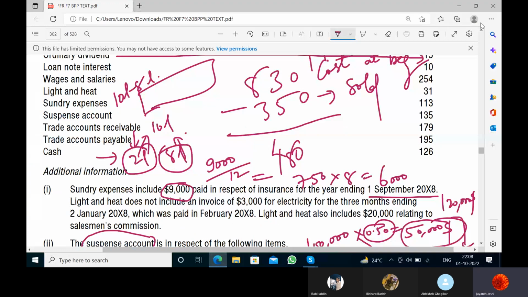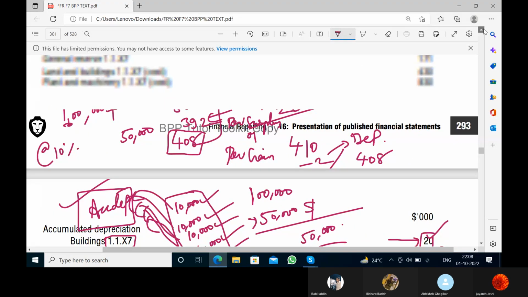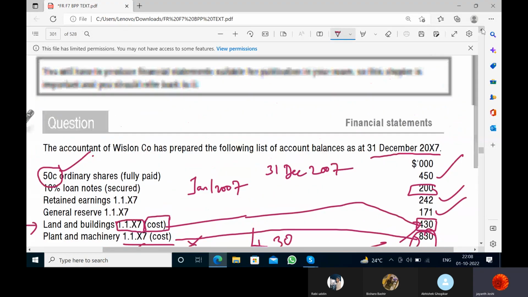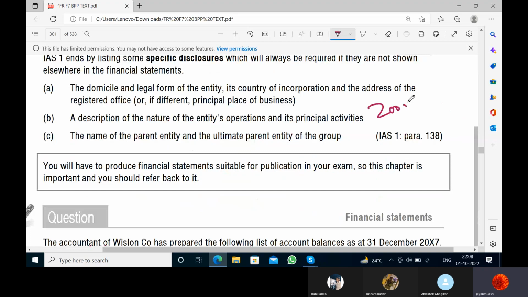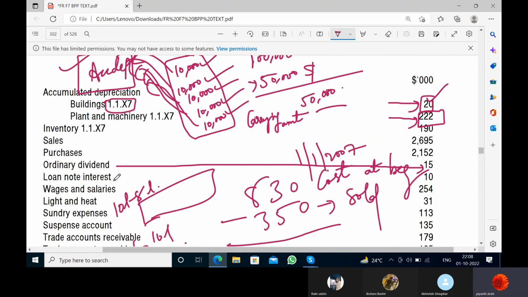200's 10% is 20, and some information is given to you. Loan note interest 10.